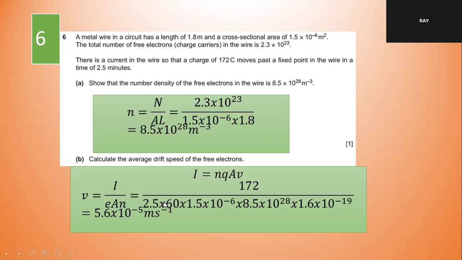Change it to second times 60. Area, and n is from here. And then charge on the electron. Charge on the electron is that one there. Okay. Drift velocity.